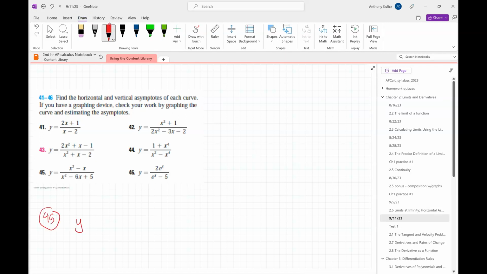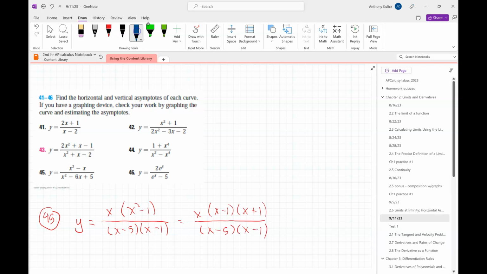So I would start by factoring this thing. And then that's a difference of 2 squares up there. And I noticed that this would drop out.